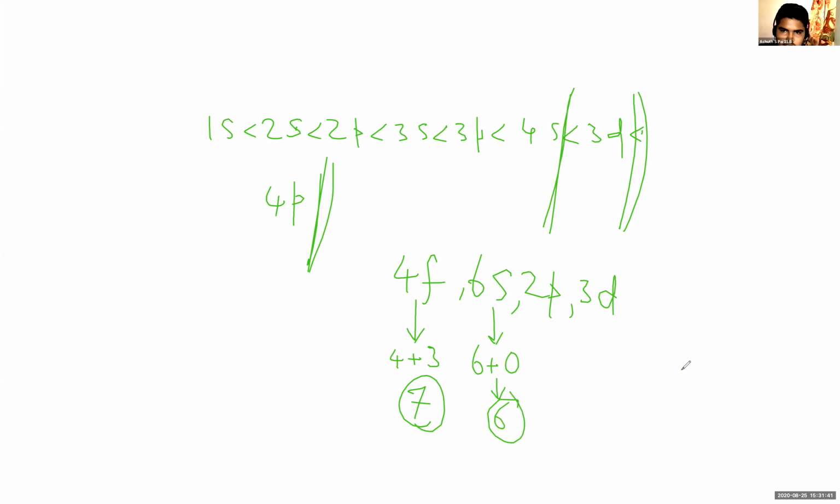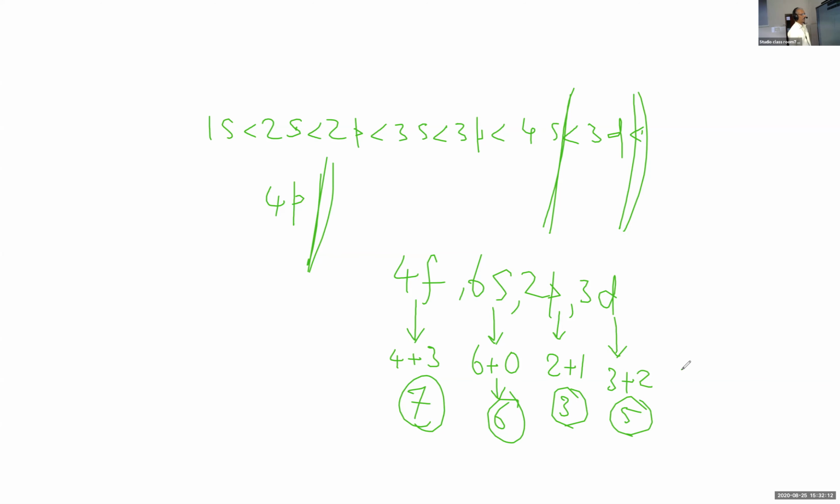Come to 2p. Principal quantum number 2 plus azimuthal quantum number 1, since s, p is 0, 1. So this is equal to 3. Now come to 3d: 3 plus 2, that is equal to 5. Now you have got the various values. You can arrange these in the increasing order.